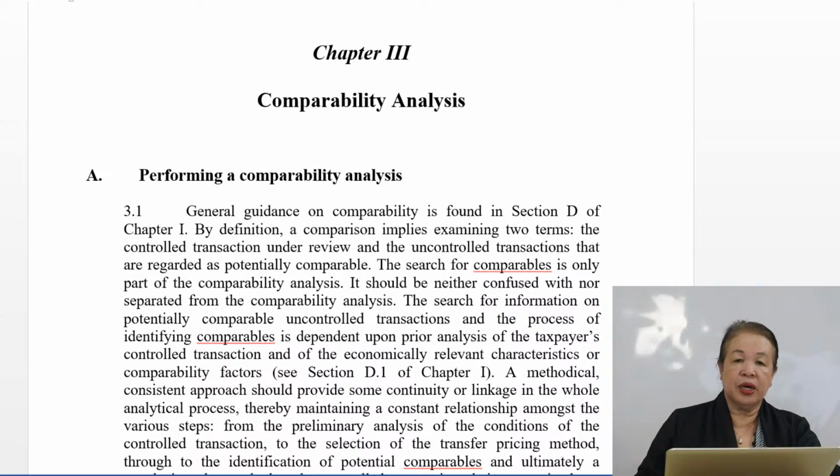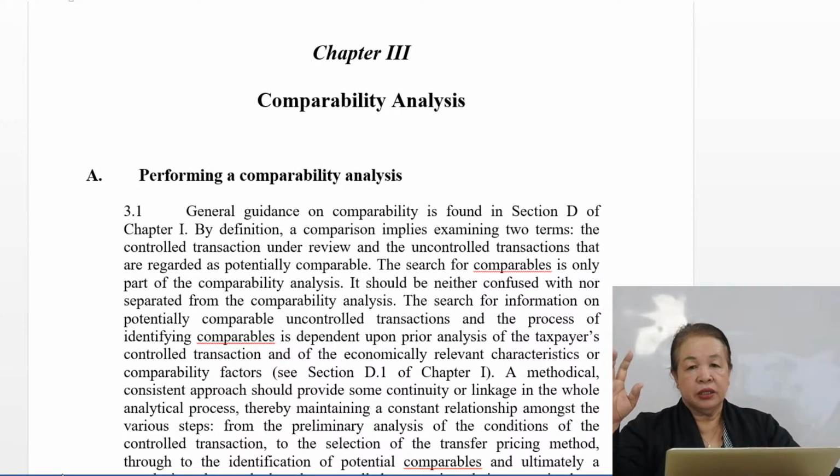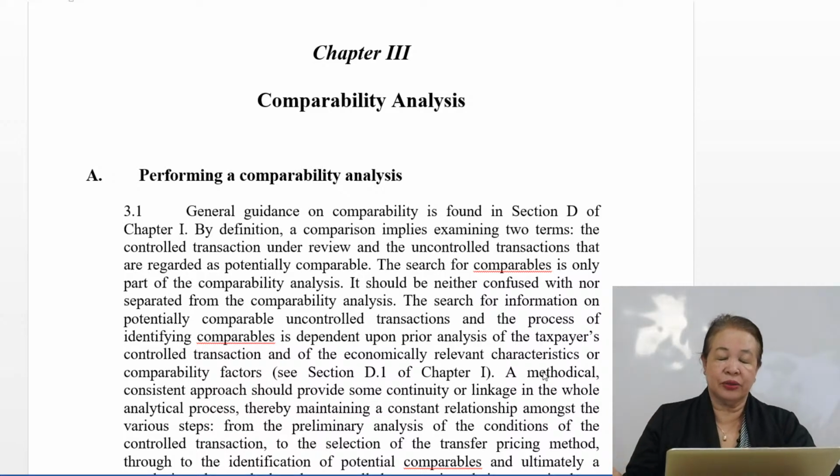We discussed the transfer pricing methods, the 5 transfer pricing methods: the comparable uncontrolled price method, which you use to compare the price, and the price is affected by the characteristics of the product or services.